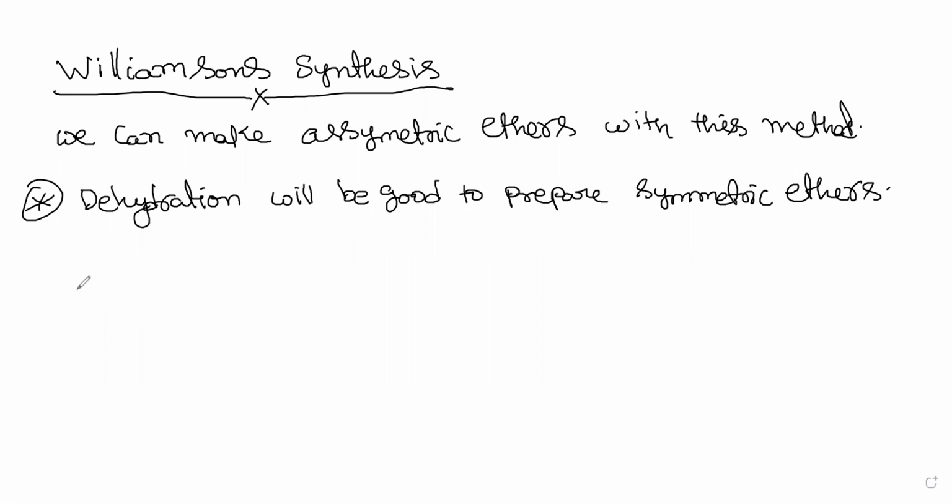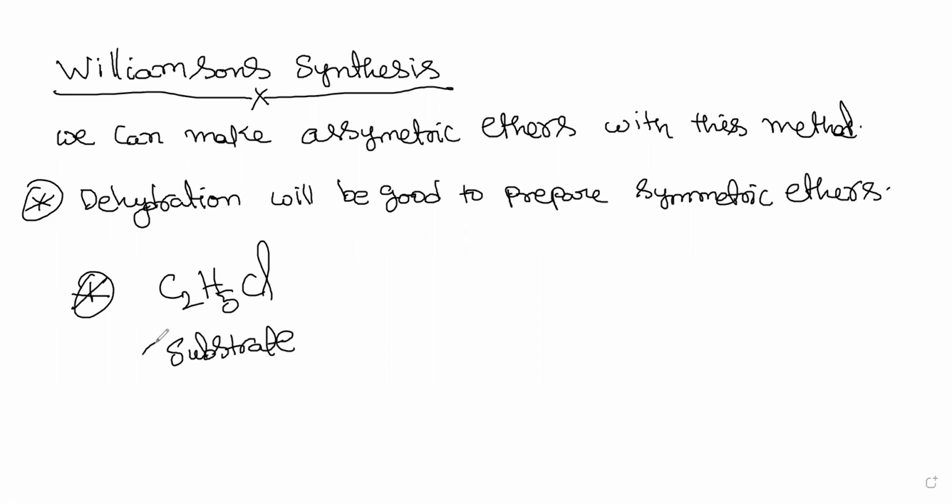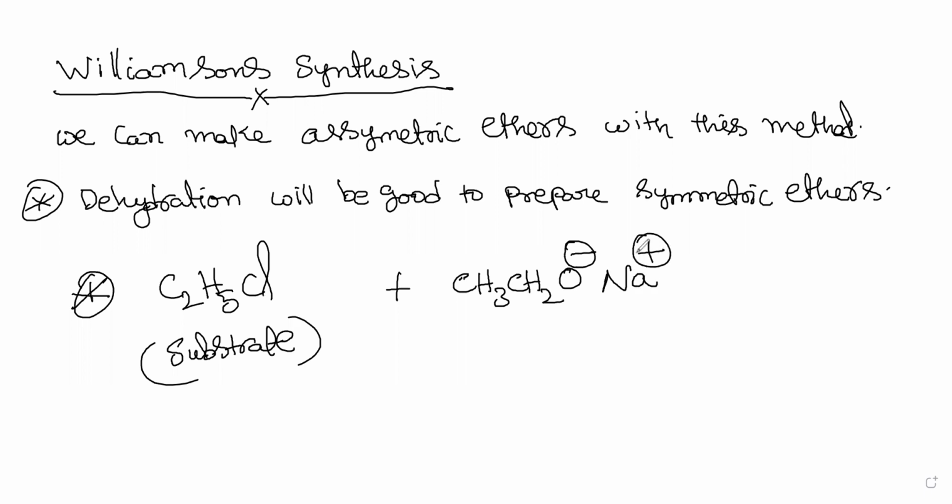What is the method? Suppose I take C2H5Cl. This is called the substrate. And then we use CH3CH2O-Na+. What is this? This is called sodium ethoxide.